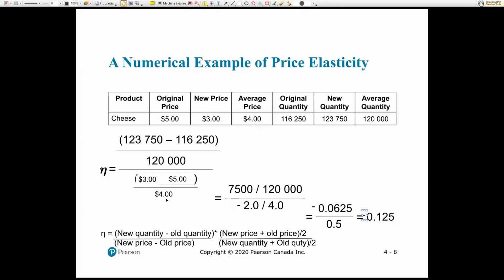And then if you were to ask what is, in absolute value, the elasticity, eta in absolute value would be equal to the absolute value of minus 0.125. The absolute value equals 0.125.